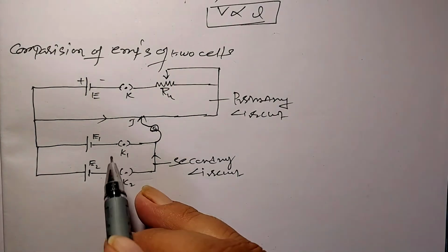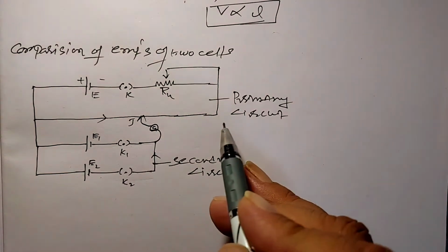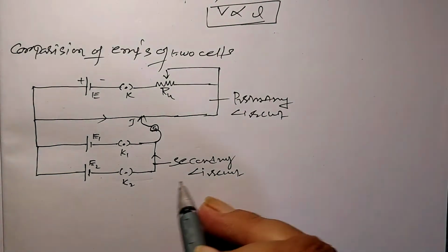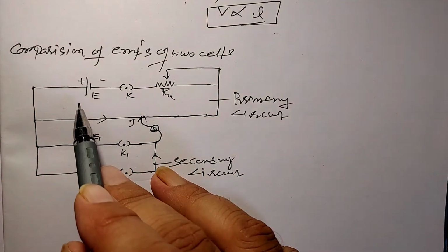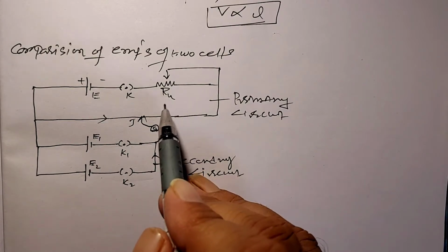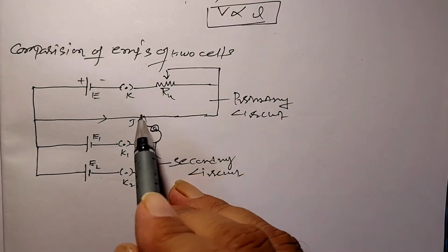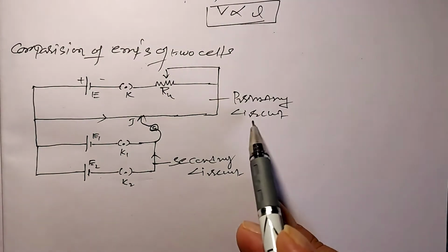In the potentiometer, there are two circuits. One is the primary circuit and the other is the secondary circuit. A source cell of EMF E, a plug key and a rheostat, that means a variable resistance, are connected in one circuit. That circuit is called the primary circuit.